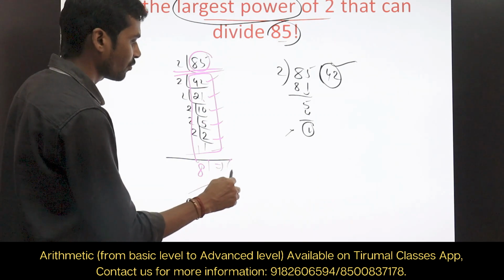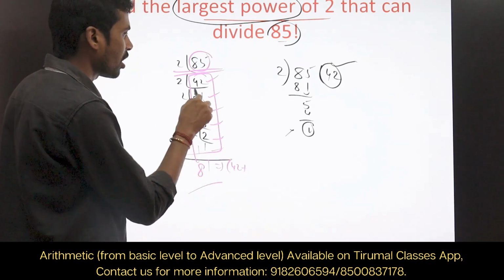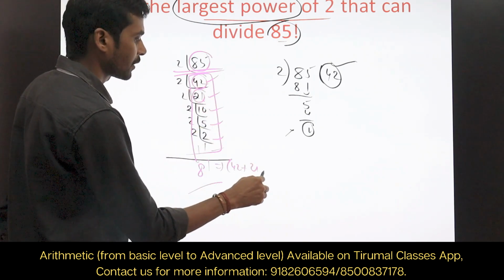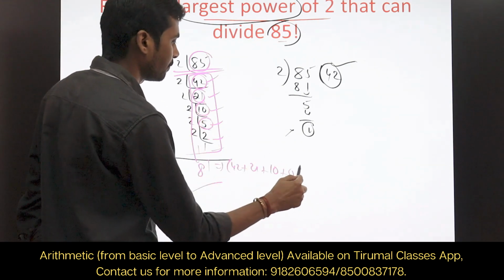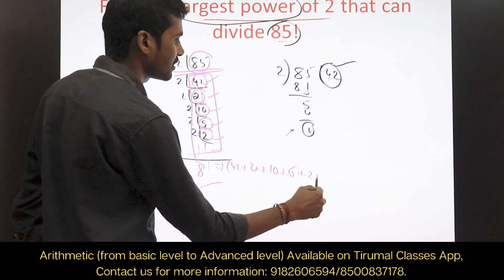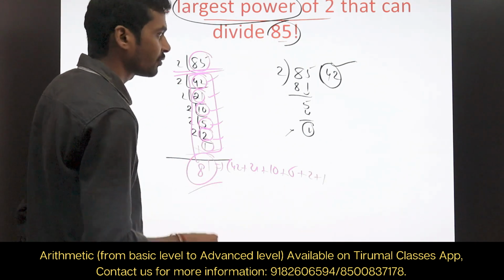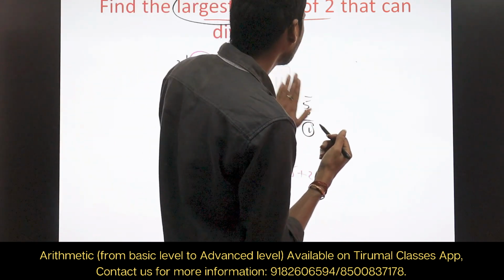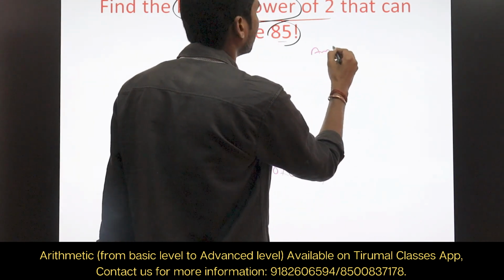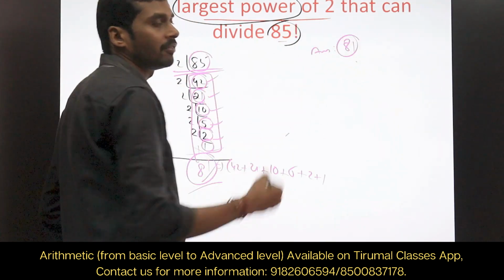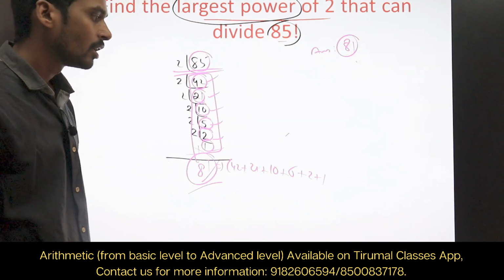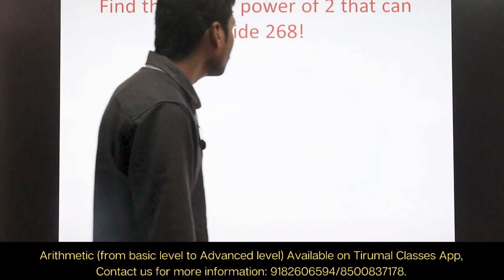So it is 42 plus 21 plus 10 plus 5 plus 2 plus 1. What is the final answer? The final answer is 81. Right? 81 is our final answer. Is it clear? Okay, let's look at another one.